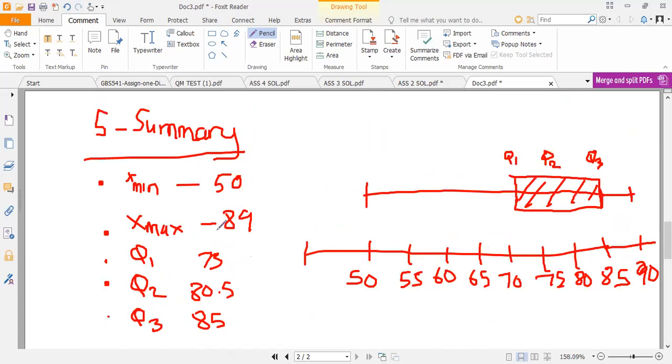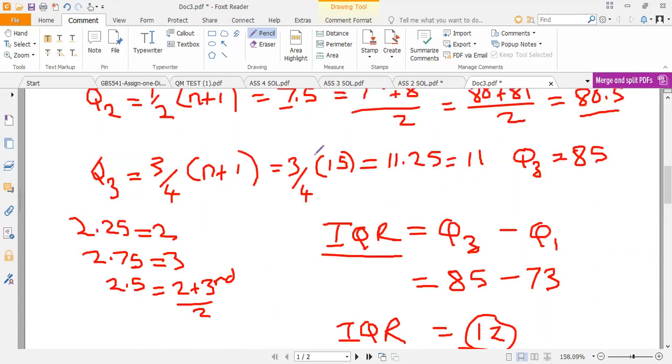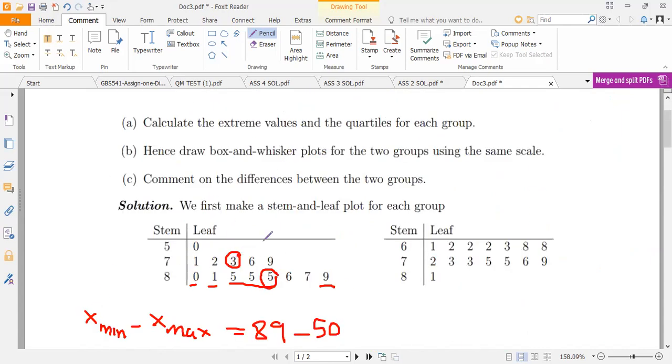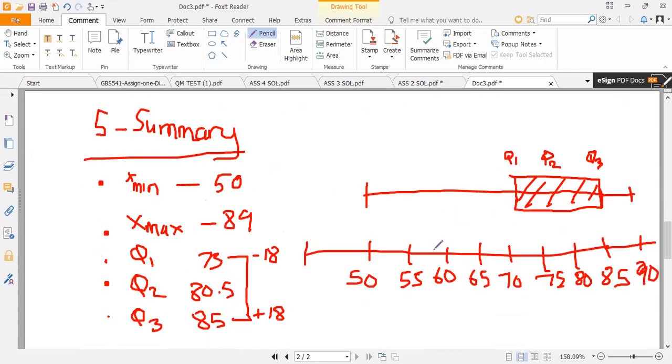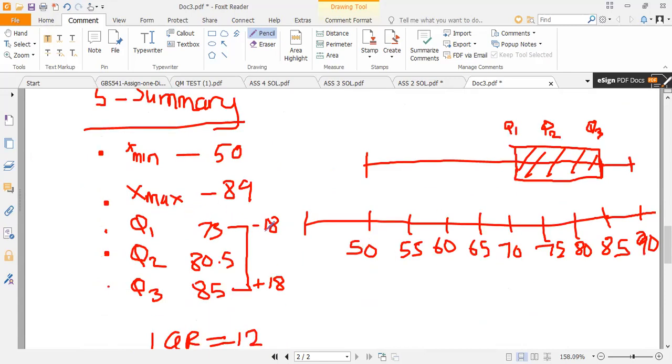So you go to the lower quartile and the upper quartile. From the lower quartile, you subtract 18. To the upper quartile, you add 18. Any values that fall outside this range are called outliers. So here we subtract from our Q1. What is 70 minus 18? 52.